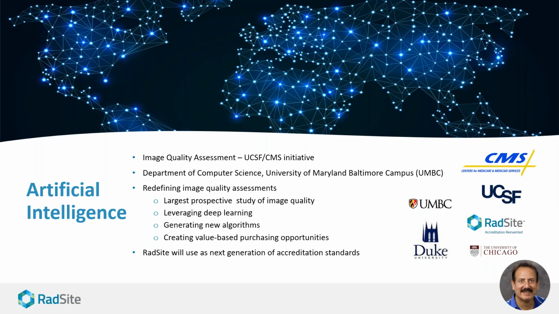So you literally have an AI system that's able to guess how a consensus panel would assess quality. It's a really cool, exciting effort, and it's the way RadSite is extending technology to the cutting, bleeding edge.